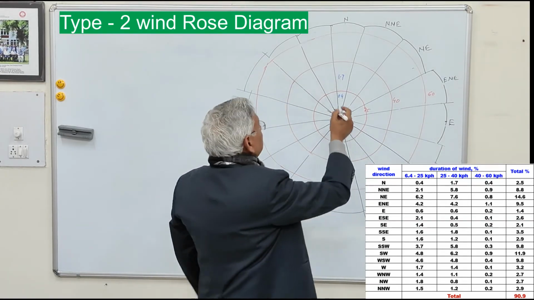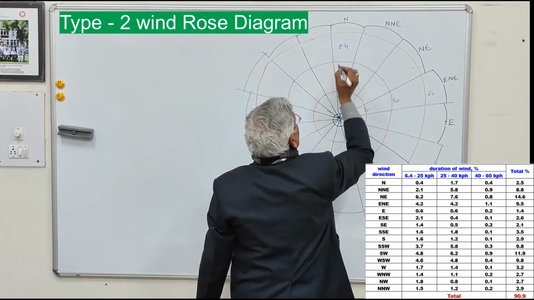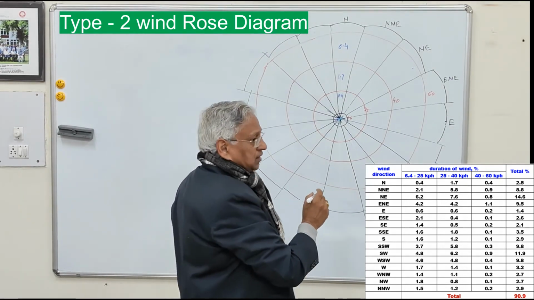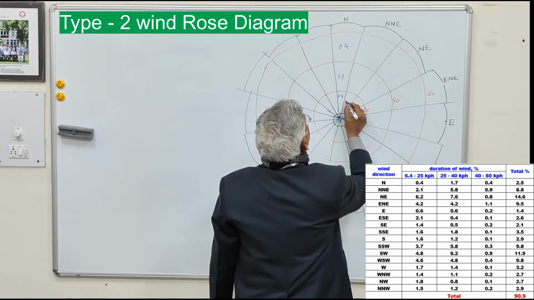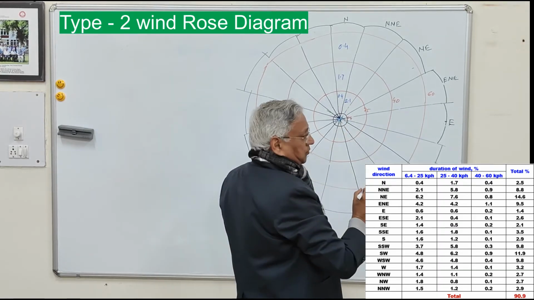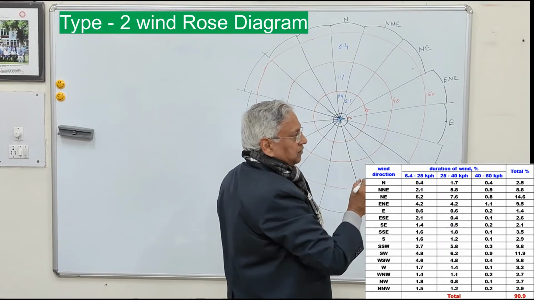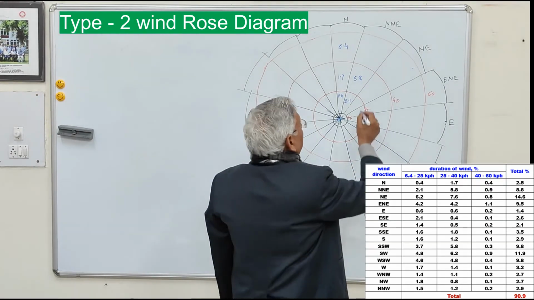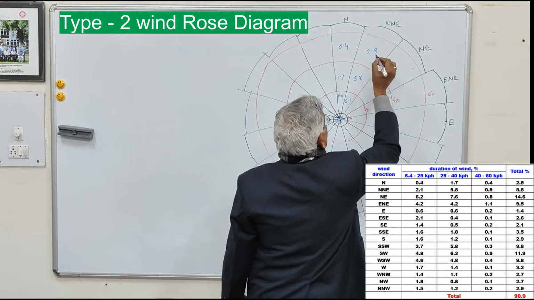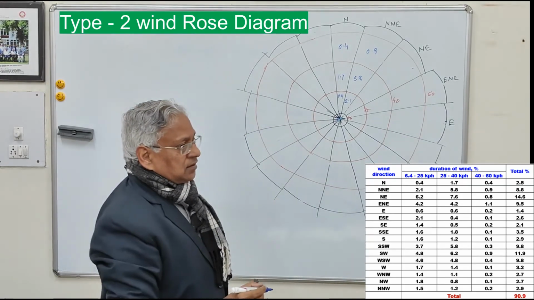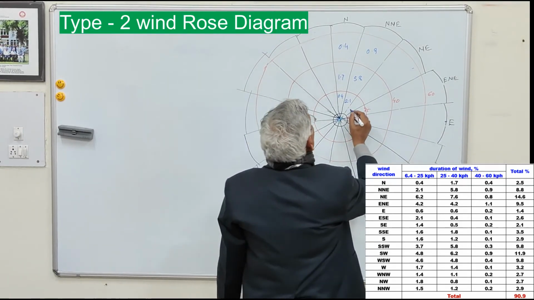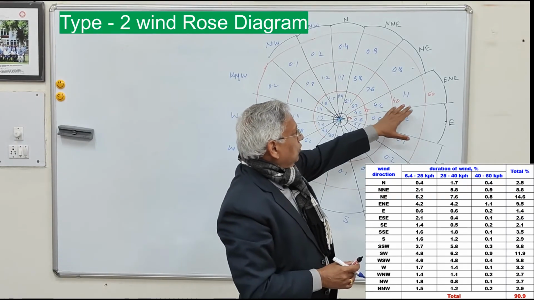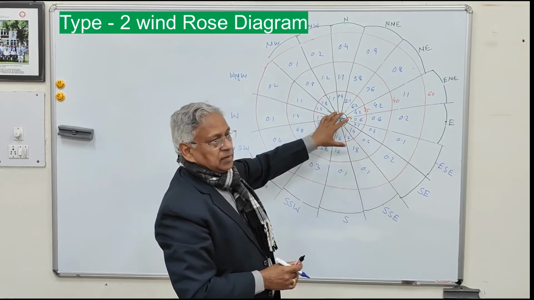And next is 0.4. Fill all these values. For north-northeast, this is 2.1 here, from 6.4 to 25, 5.8 in the next segment, and 0.9 in the next segment. Similarly, you enter all these values in their respective segments.